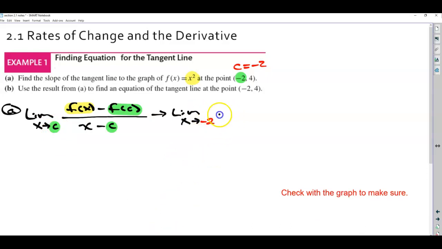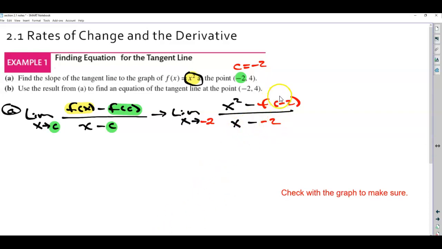All right, so f of x goes into my function. Here's f of x. It's x squared. And then I'm going to subtract whatever f of c is, f of c at -2. And then we're going to divide that by x minus whatever c is. Well, c is -2. Notice the subtraction of the negative.